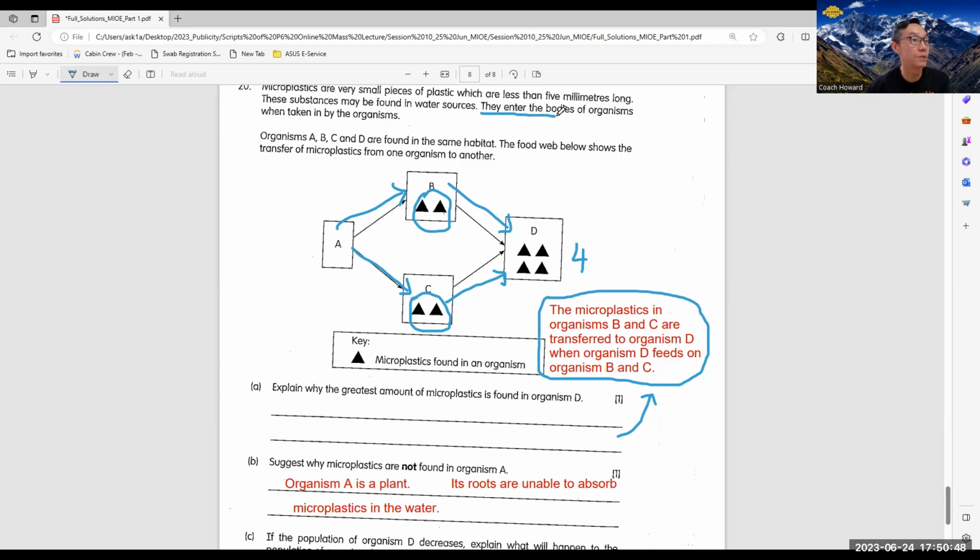They enter the bodies of the organism when taken in. That means when you eat. But the roots don't eat. The roots absorb the water only. So the microplastics are not absorbed. They can't absorb the microplastic.